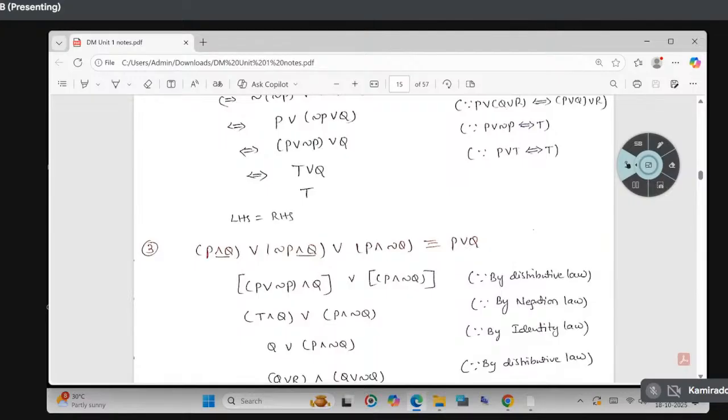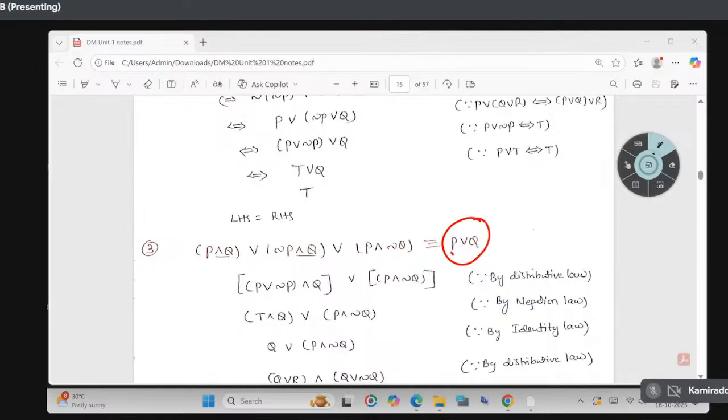But just check, our intention is to get this kind of solution. Whatever law we can apply, whichever is suitable, you can apply. But our intention is to get the solution in the form of P or Q, which is equivalent to this entire LHS side.